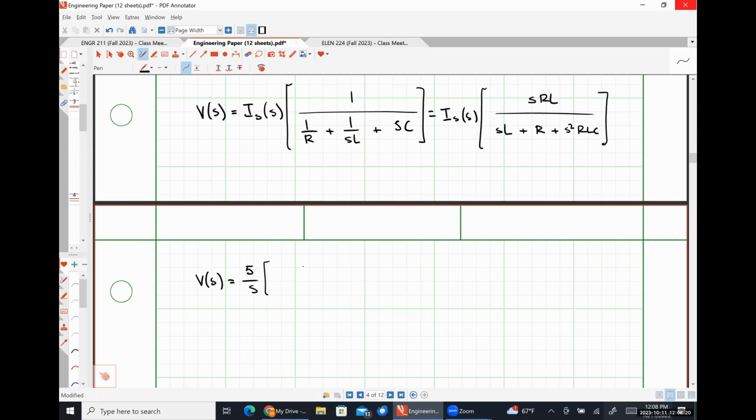So 20S. LS is just 2. So 2S plus 10. What's R times L times C? So 10 times 2 times a half. So 10 times 1 is 10. 10S squared.